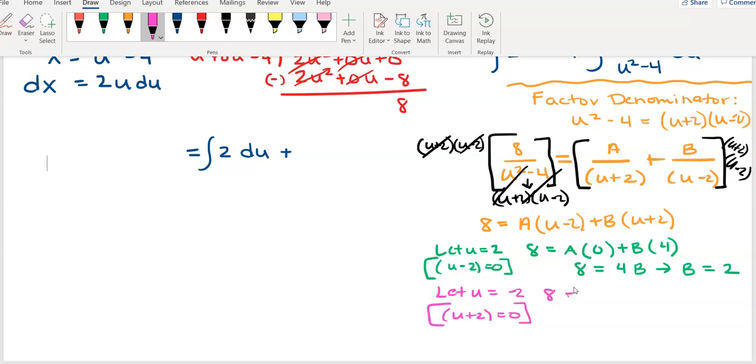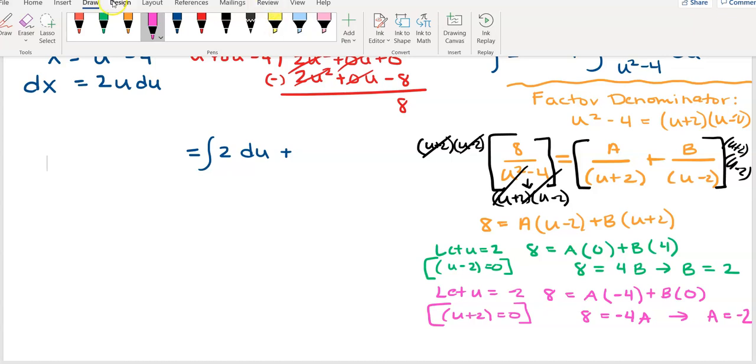So on the left, we'll have an 8, and then we would have a times -2 minus 2, which is -4, plus b times 0. And so that would give us 8 is equal to -4a, which would mean that a is equal to -2.